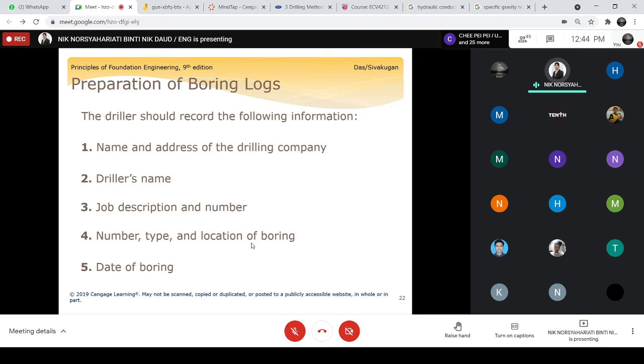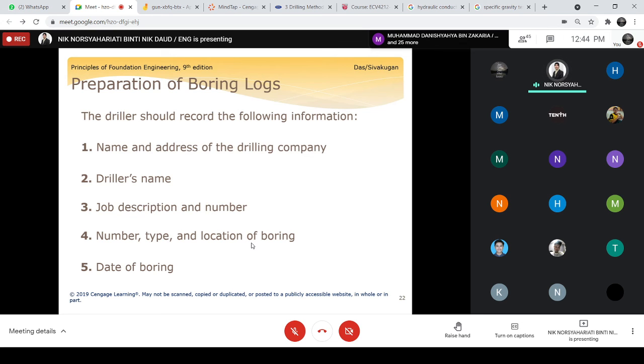For the preparation, the driller or the geologist records the following information: the name and address, which are the details of the drillers, and then the job description, the number, type and location of boring.